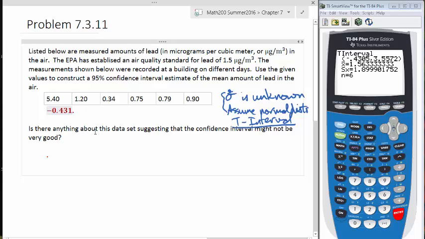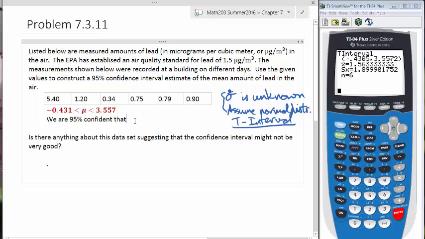First, let's write it using the left endpoint, and then instead of using the parentheses notation, I'm going to use the less than sign. And then we're measuring the mean, so the population mean is mu, and then another less than sign, and then the upper bound. So this is our confidence interval. We can write this confidence interval in words. So we'll start off by saying that we are 95% confident. That's using the confidence level.